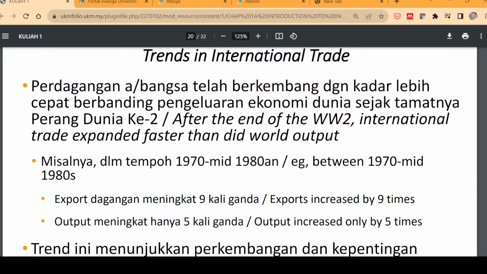Let's try this. Okay, for your information, IMF has this publication.